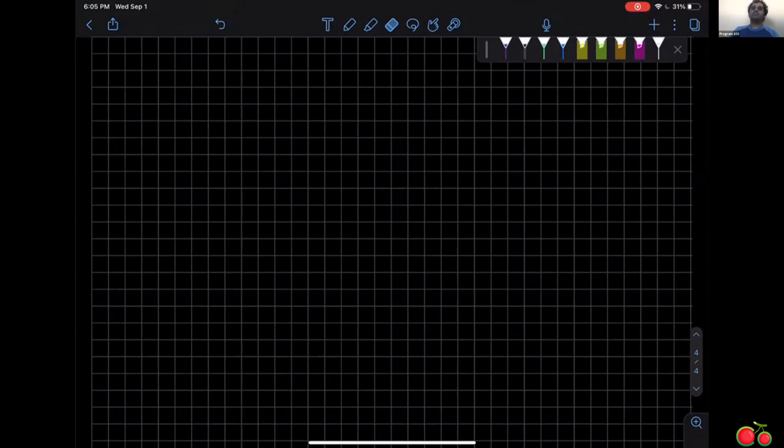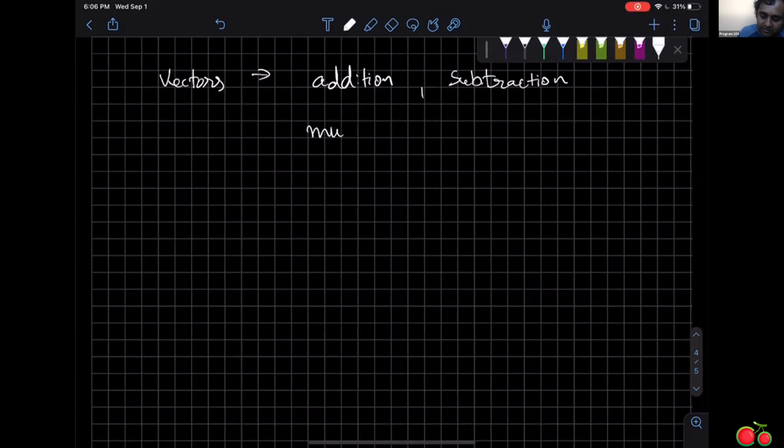We can also multiply vectors, and we can divide vectors. So far with vectors, we have done addition and subtraction. Next, we'll do multiplication, but there's no division.